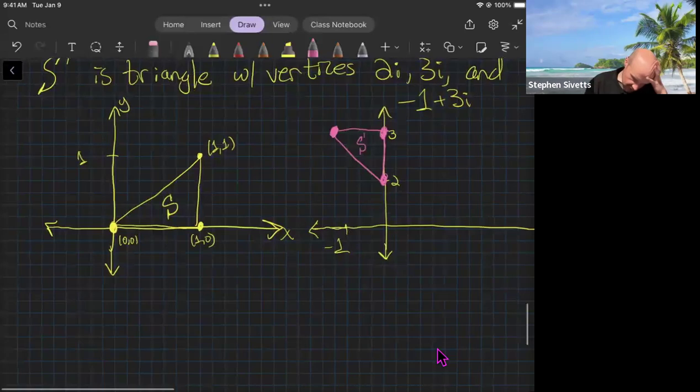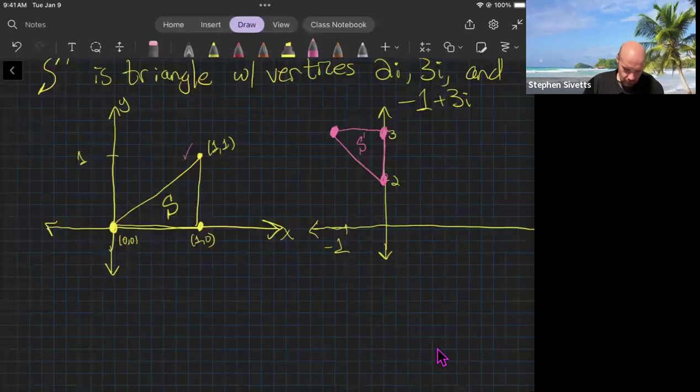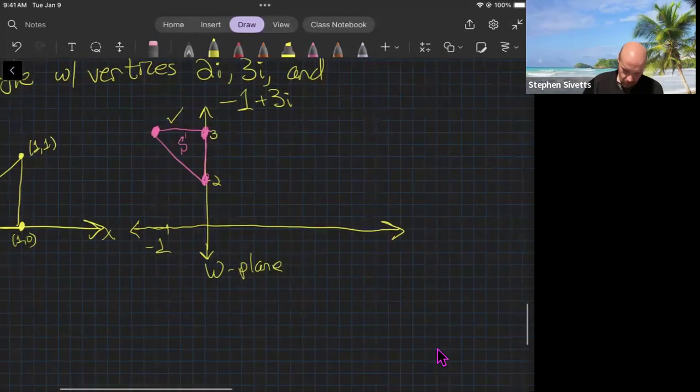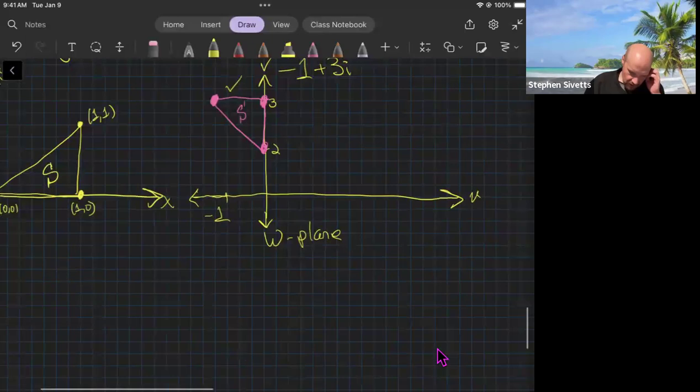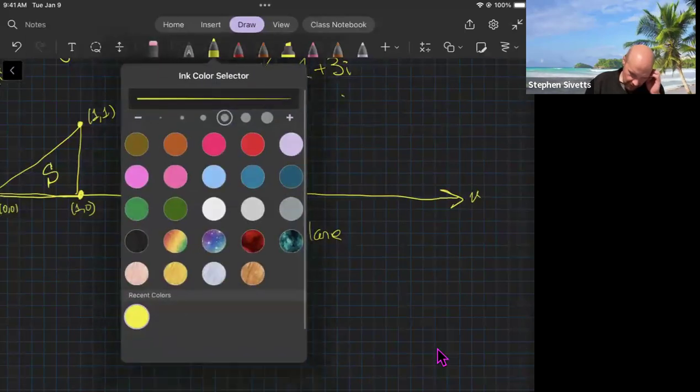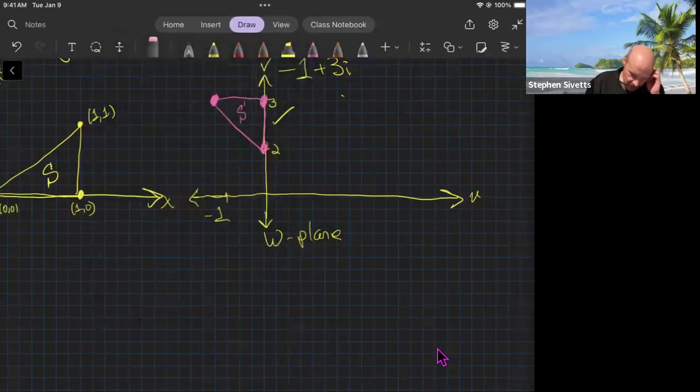This triangle on the right, on the w plane, the u and v plane, looks like a rotation of the triangle in the z plane.